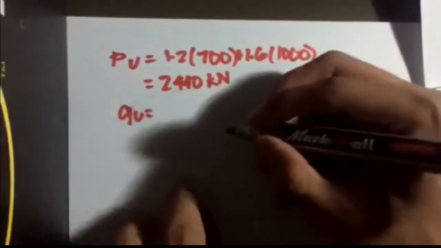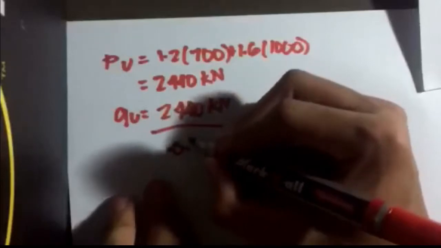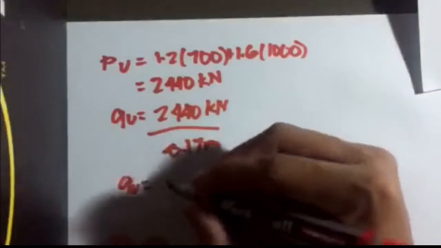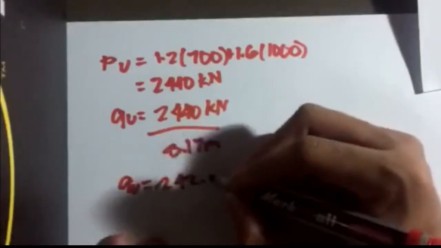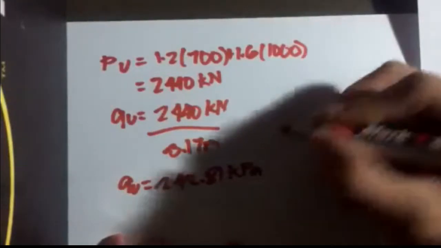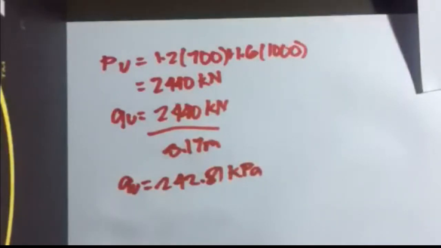So 2440 kilonewtons all over 3.17 meters squared. QU now is equal to 242.81 kilopascals. The next part, which is the checking for the wide beam shear and the punching shear, will be discussed by my group mates later.